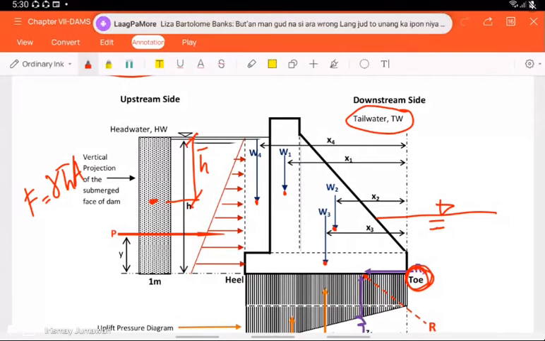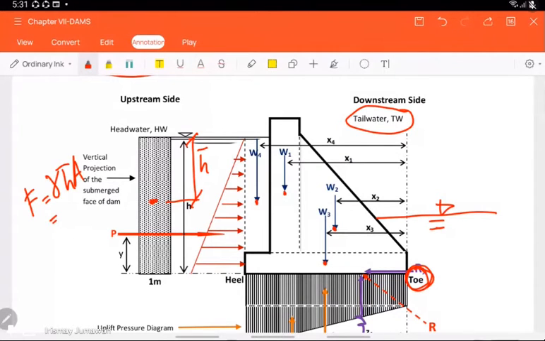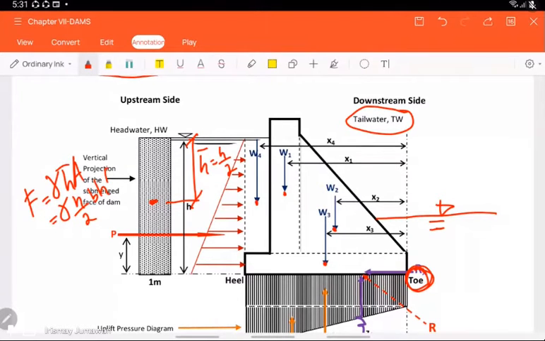Or you can also, okay, if we will derive the formula, so we have gamma h over 2, because h bar is equal to h over 2. The area is equal to base times height times 1 meter.